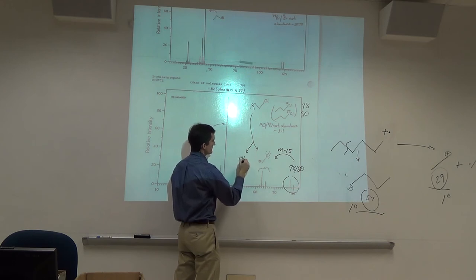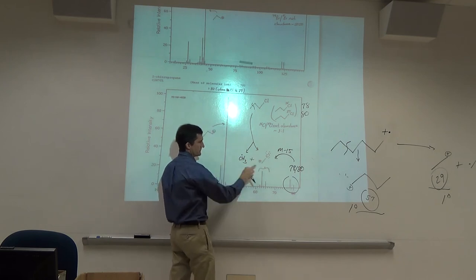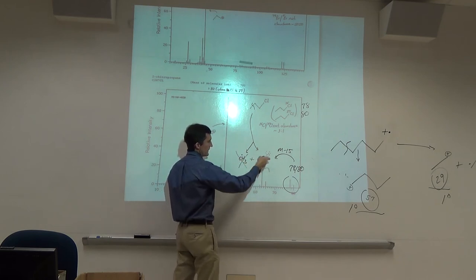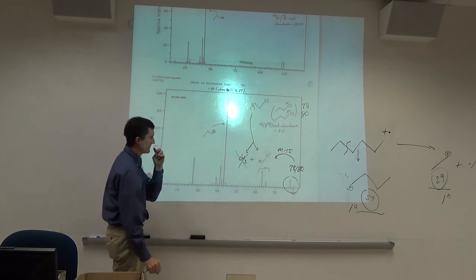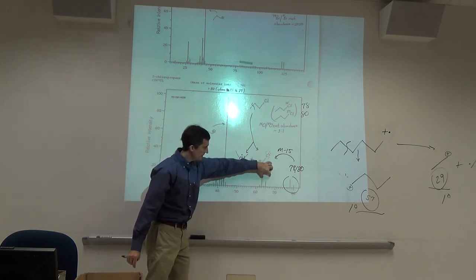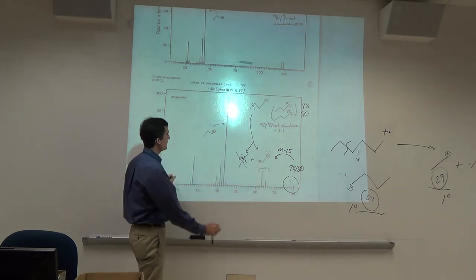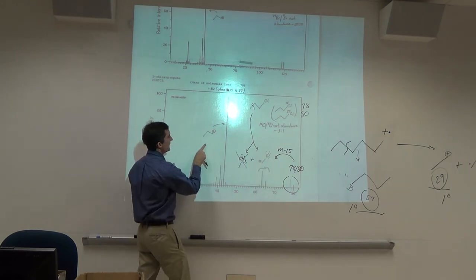CH3 radical. This doesn't show up. That shows up here. You got 35 and 37. That didn't appear to be a major cleavage pattern though. This was more predominant.